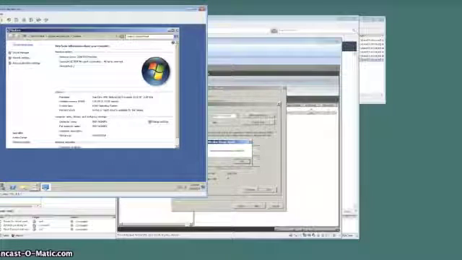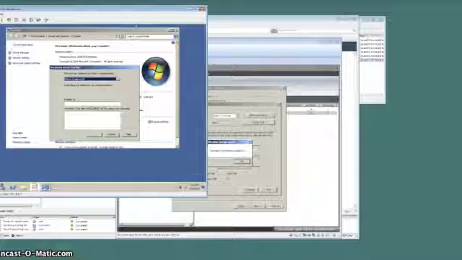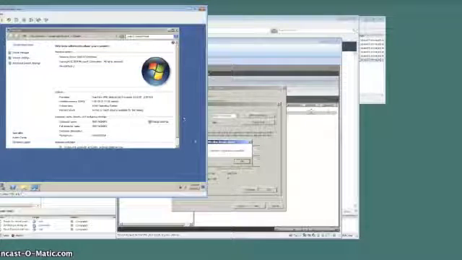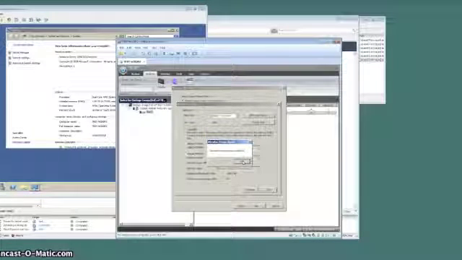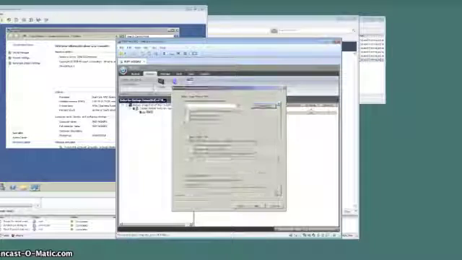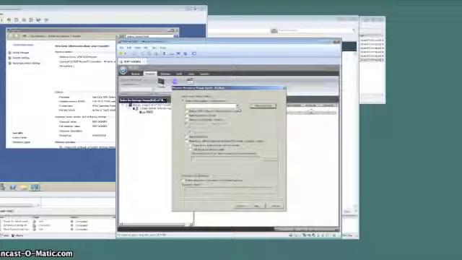And because the image was taken live, there is no shutdown notice, so that's why you do get the shutdown event tracker. Now, I can only do the MBR restore.